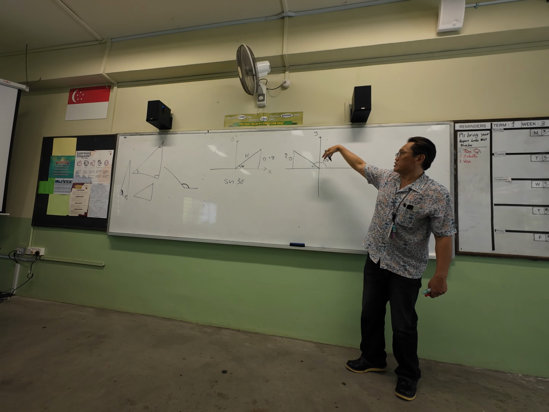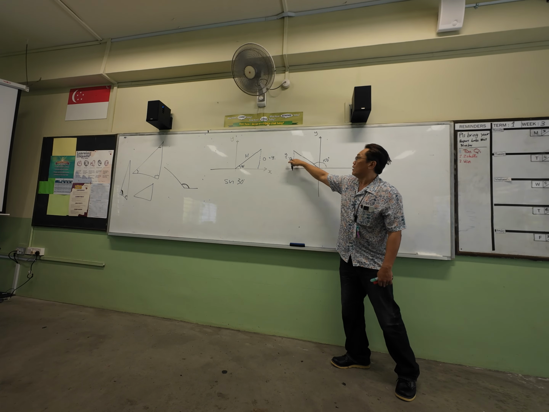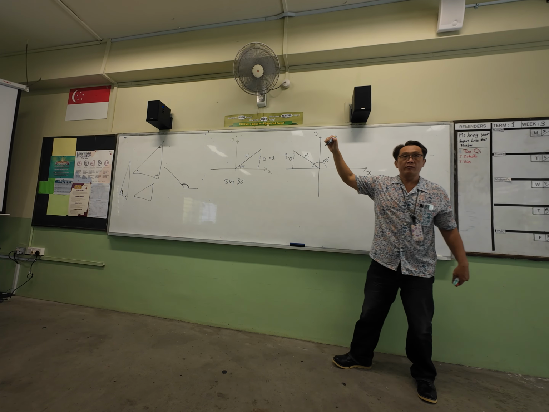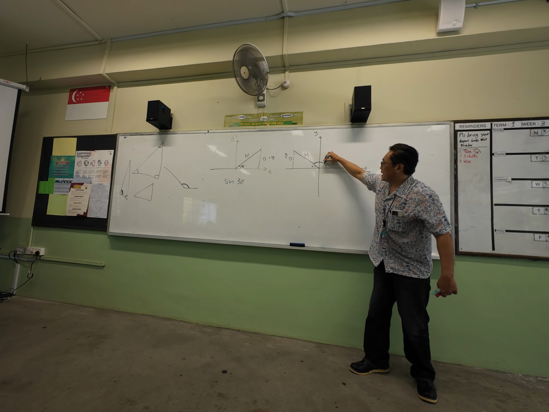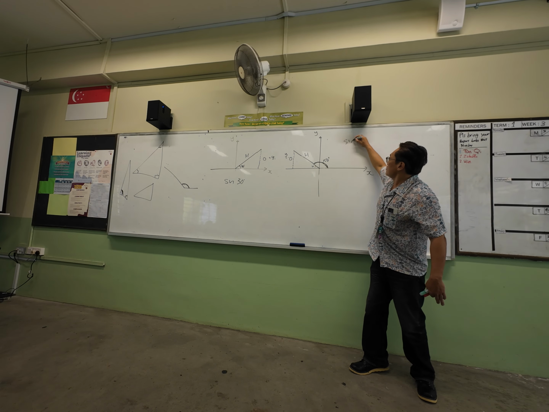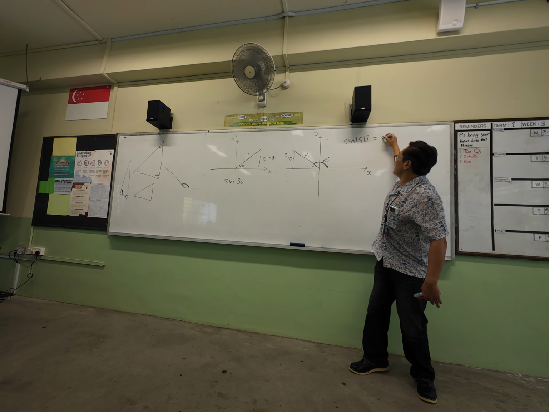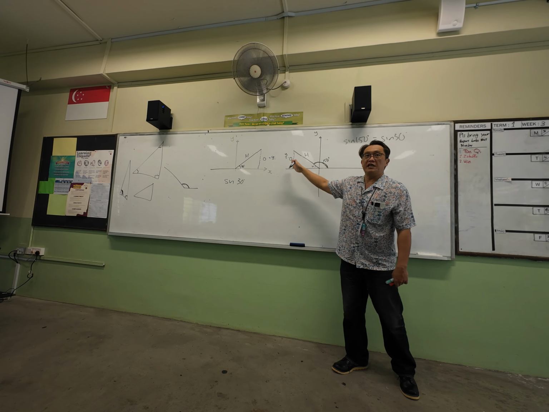And on coordinate geometry, your y going upward is positive. My h is still the same. Okay? So that is why they say that in trigonometry, the sine of 150 is the same as sine of 30, because the opposite is your y.